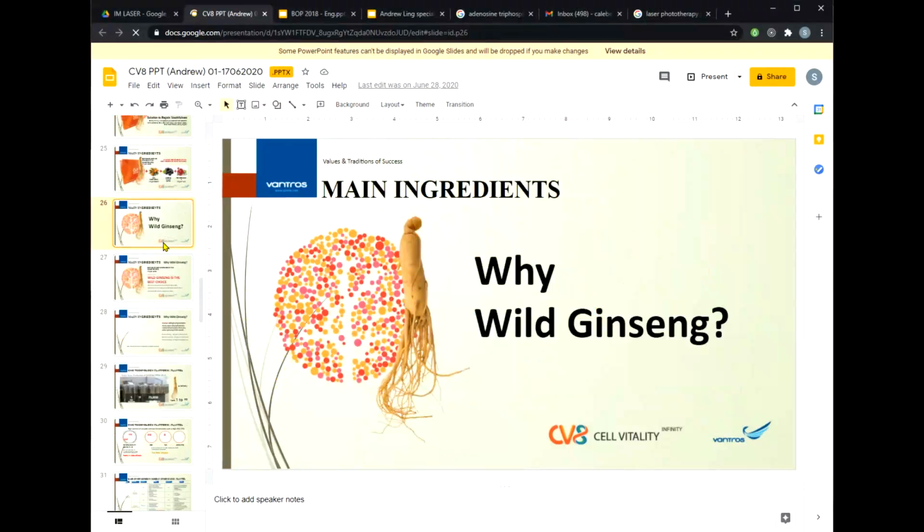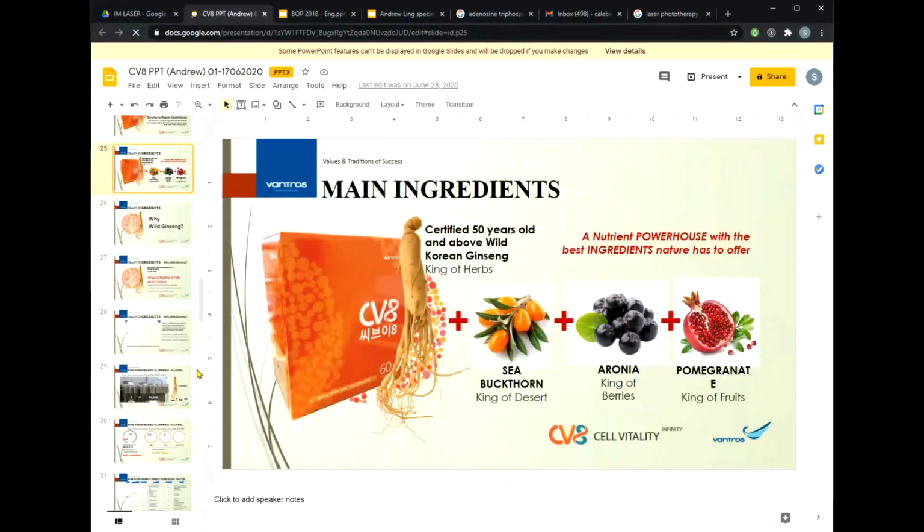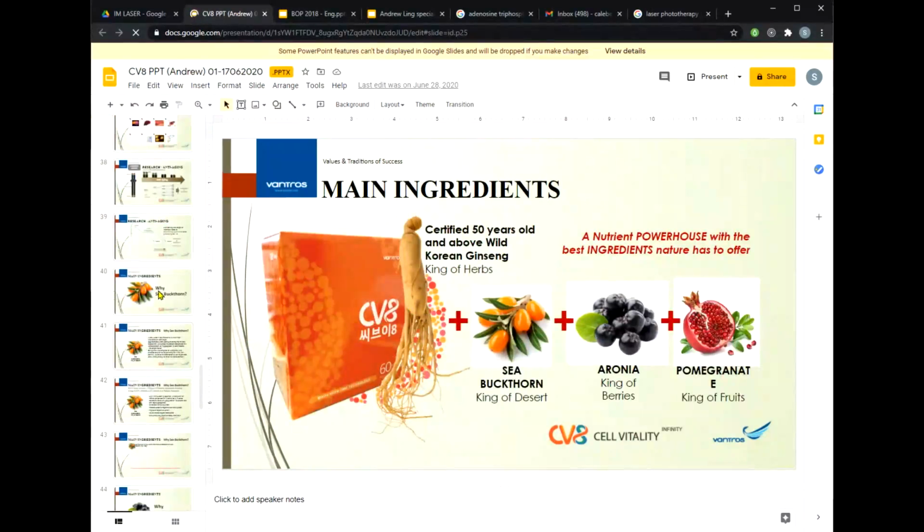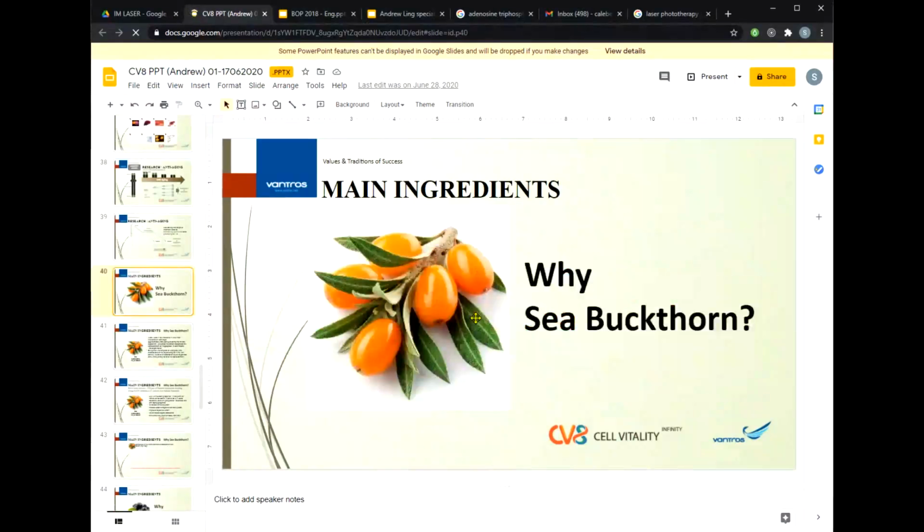And then there are three more main ingredients inside. This one we call the Sibakton, sea buckthorn, 沙棘果.